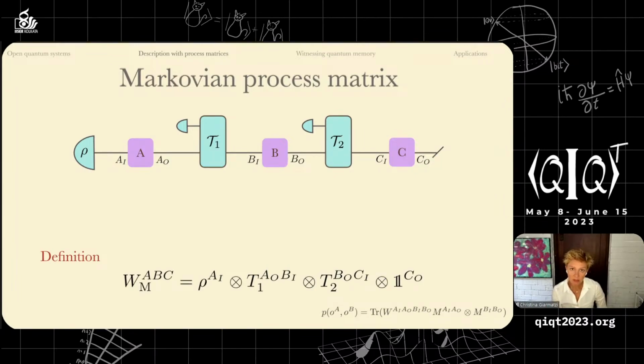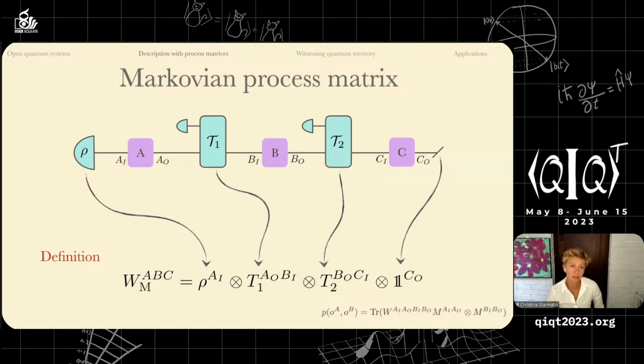So a process matrix that has Markovian noise will look like this. It will be composed only by the components of the process: the state, the channel, and then identity on the output of CI. I know I haven't really defined AO, so all of these are Hilbert spaces, essentially AIO, BIBO, CICO.